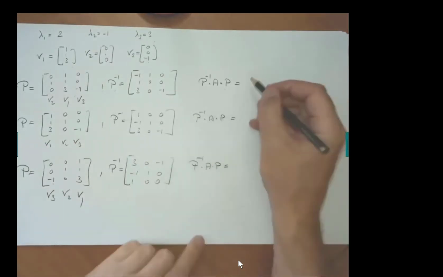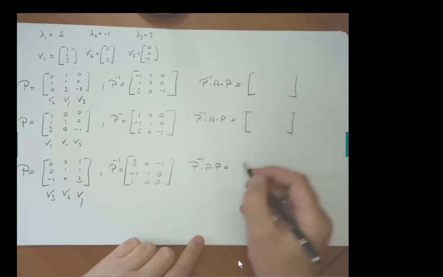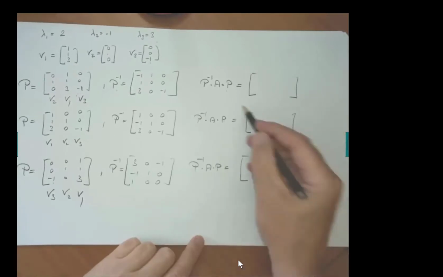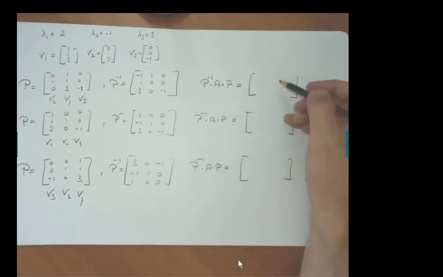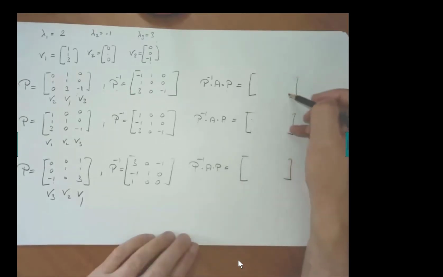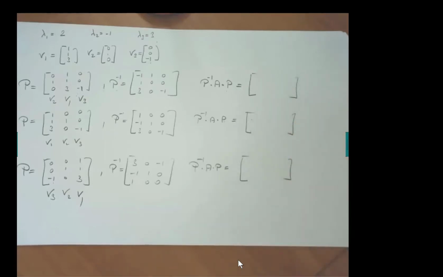Okay, now the question is, how does it affect the outcome of the diagonalization? So we know already each time we have only numbers along the diagonal. And my question is now, what are the numbers along the diagonal?